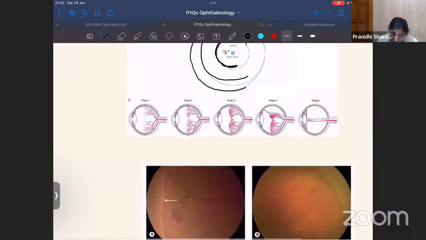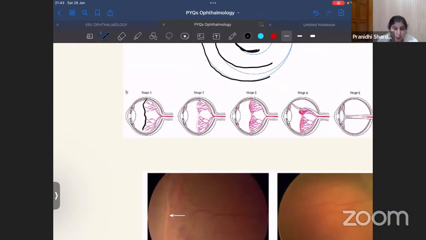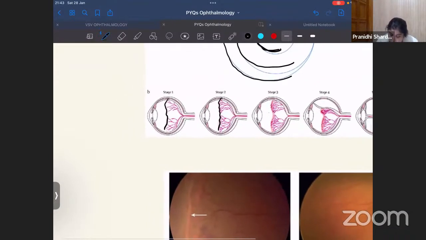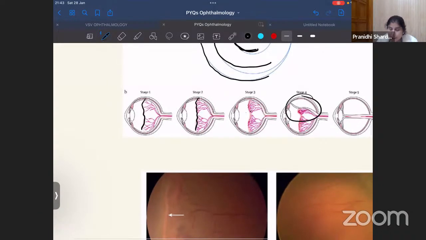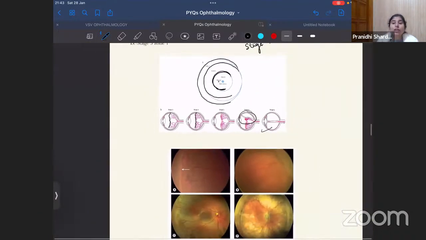Staging: we know that stage 1 is just a demarcation line, stage 2 has ridge formation with height added, stage 3 has fibrovascular proliferation in this ridge, stage 4 is partial retinal detachment, and stage 5 is total RD.